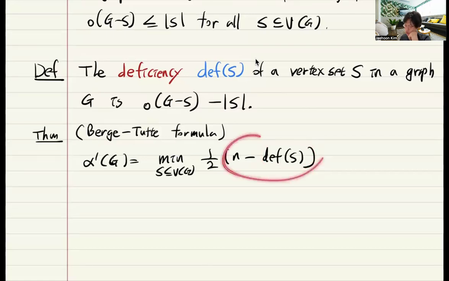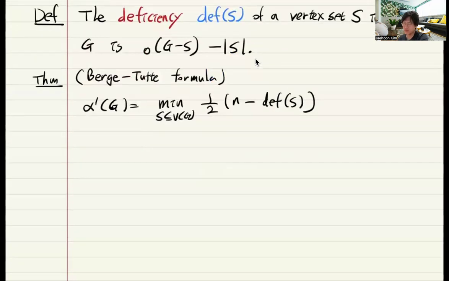This is the number of vertices that are not matched by the maximum matching, and this is the number of vertices that are matched by the maximum matching. Now we want to count the number of edges instead of vertices, so you divide by 2.